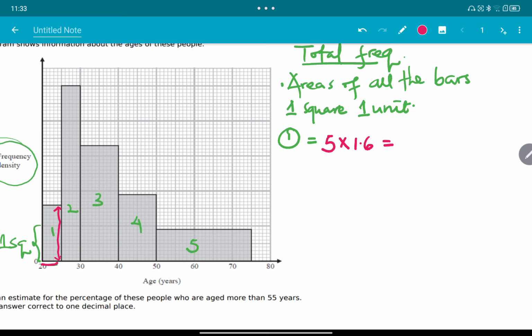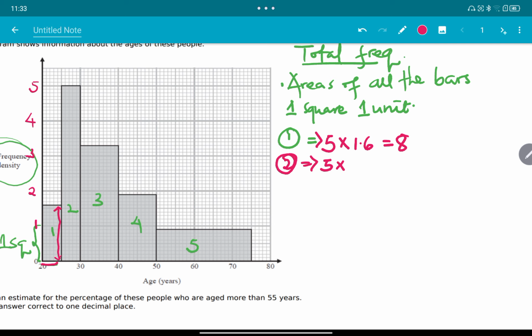So it will be 5 times 1.6, and 5 times 1.6, what do you get? You get 8. We move to the second bar. The second bar: this is 1, this will be 2, this will be 3, this will be 4, this will be 5.